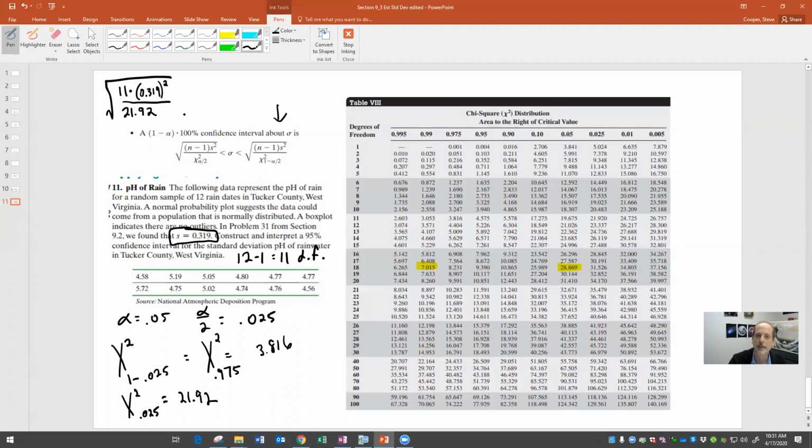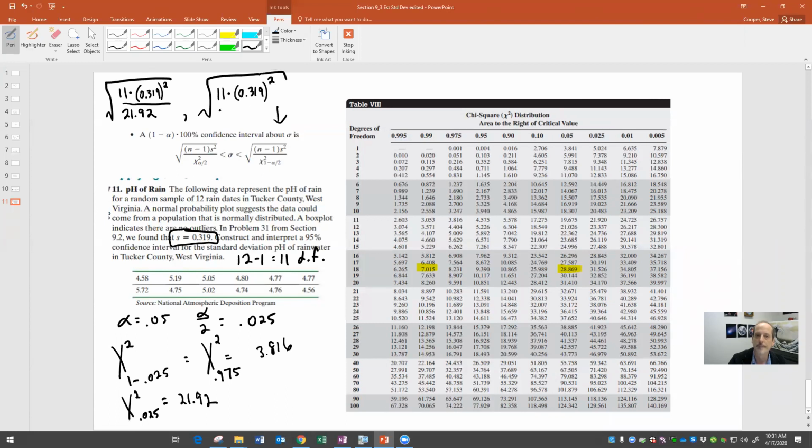And then our upper bound is the square root of 11 times 0.319 squared divided by chi-square of 1 minus alpha over 2, which is this one, 3.816.